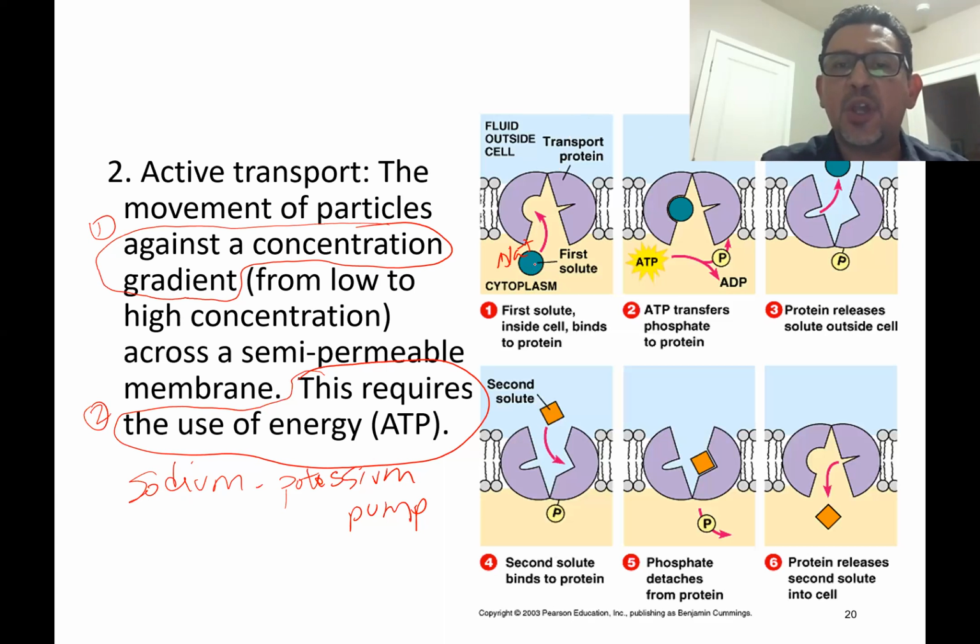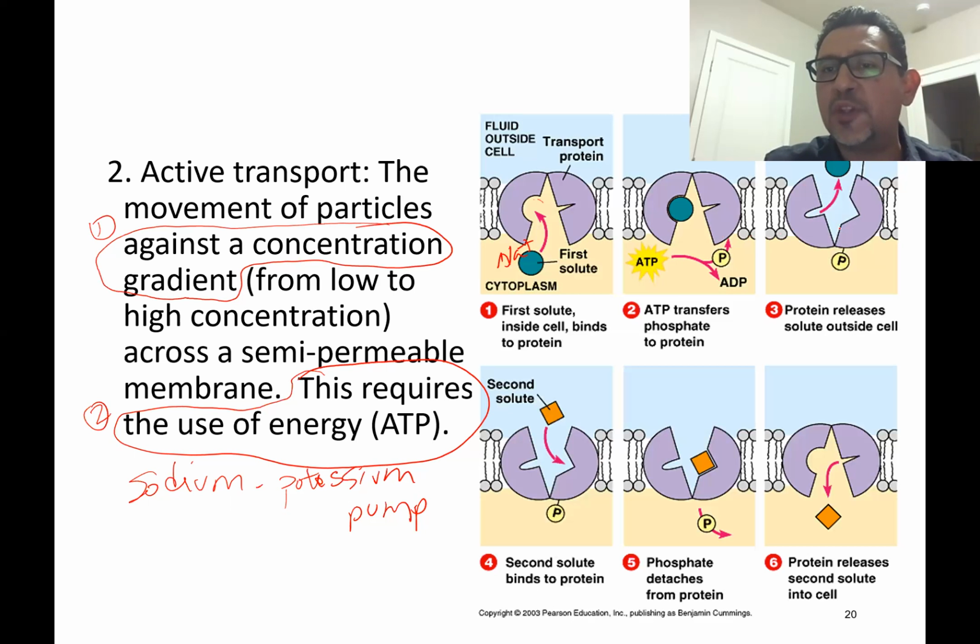This sodium is going to bind to a region of the transport protein where it can fit. Next, ATP does what it knows how to do best: phosphorylate, give up one of its phosphate groups, and in doing so, it's transferring a little bit of energy that is going to be used for changing the shape of this protein.